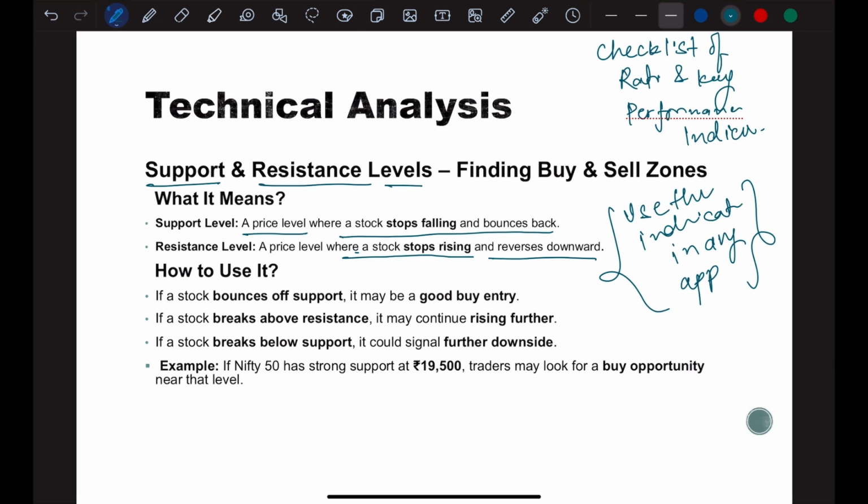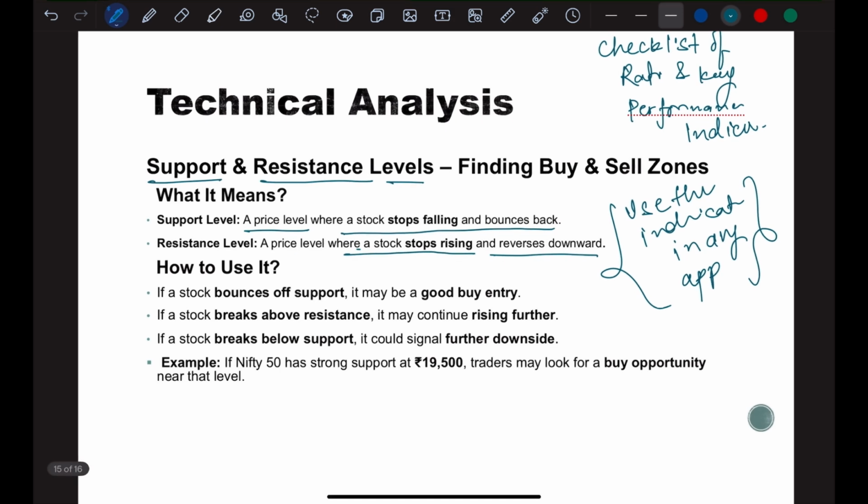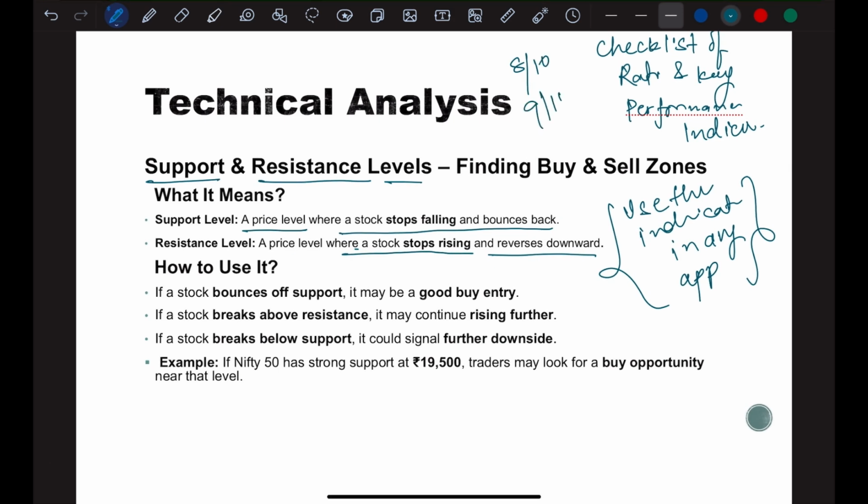If you're trying to analyze any stock, fill the checklist, and if that particular company gets 8 out of 10 or 9 out of 10, then you can make your investment decision in that company. By doing this, you will definitely improve your long term portfolio by a good proportion, and you will be able to add valuable stocks to your portfolio.